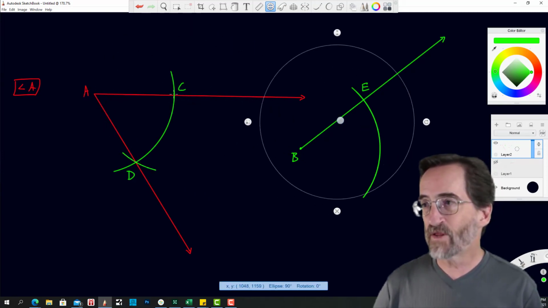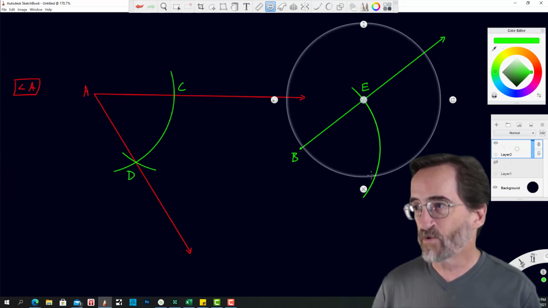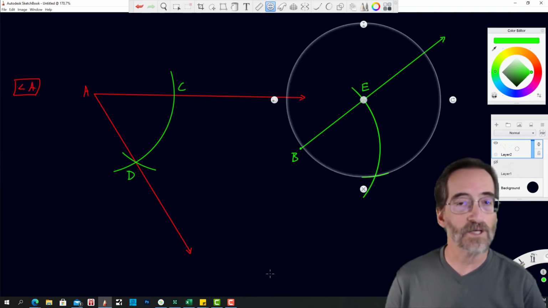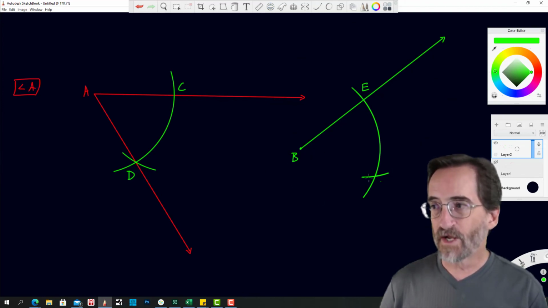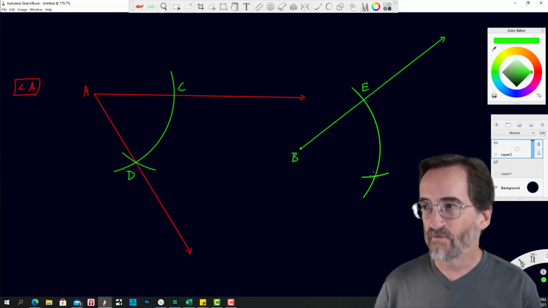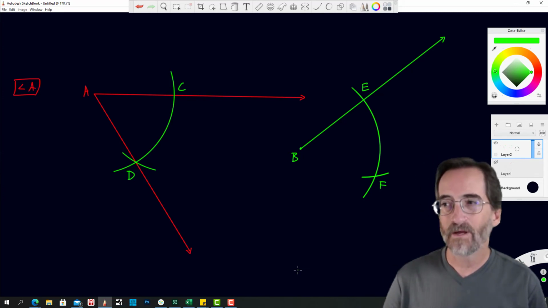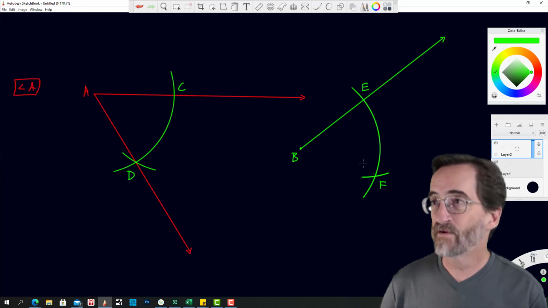Now I'm going to copy the gap, which means I'm going to place my compass point on E, not change the compass setting, and draw a little arc that crosses the arc I drew previously. As I mentioned, the intersection of two components determines a point. So here, the intersection of this little measurement arc and the arc centered at B through E determines a point. We're going to label this point F. And now CD has the same distance as EF.